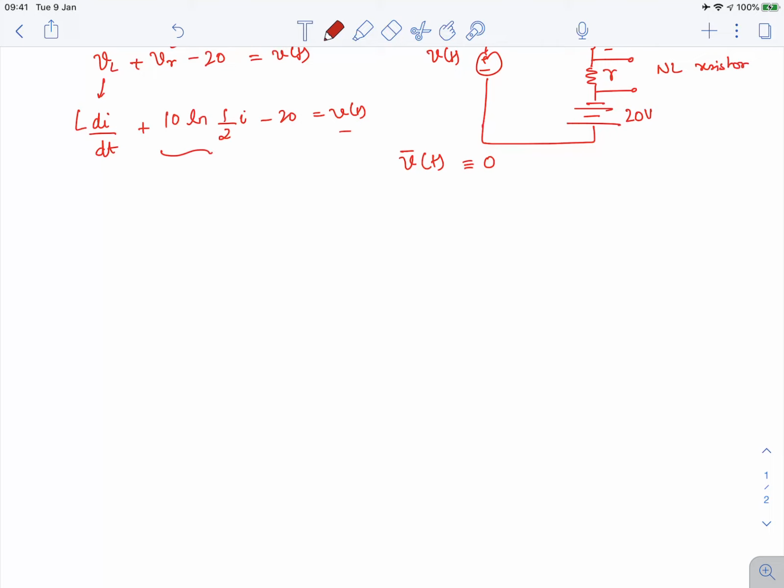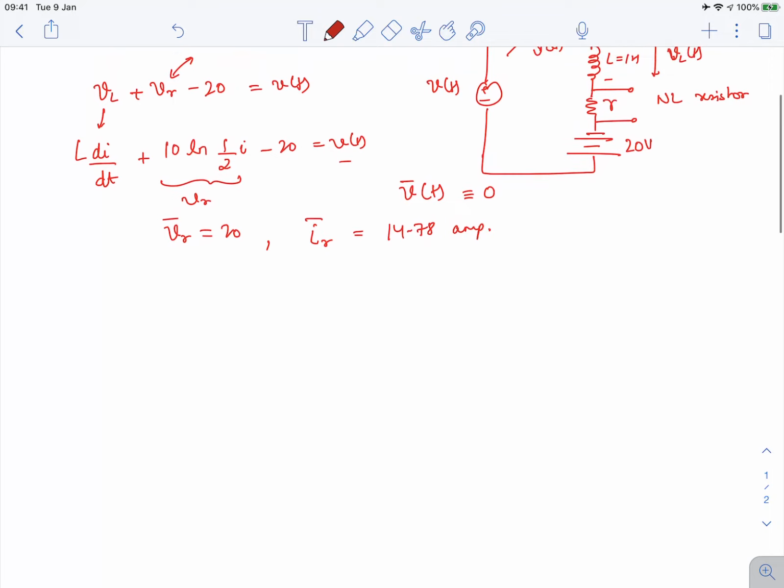So we would have VR equal to 20, let's call it VR bar. From this VR bar we can compute IR bar, which is 14.78 amperes.